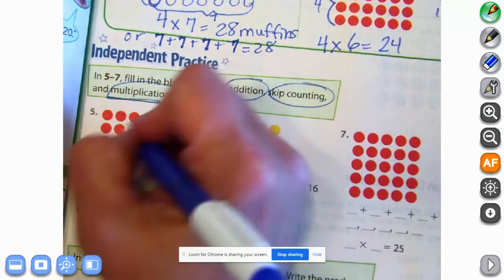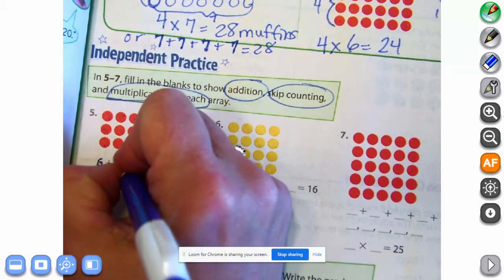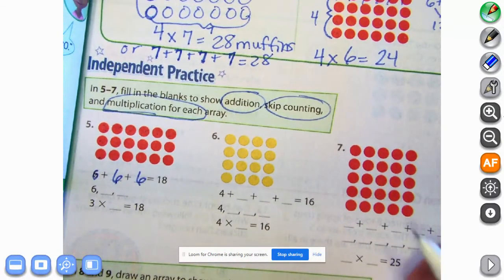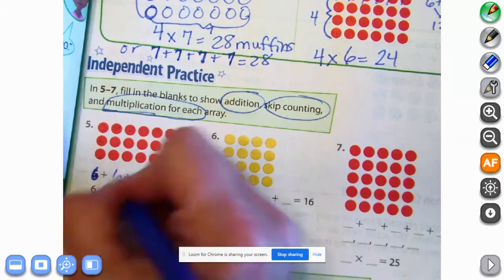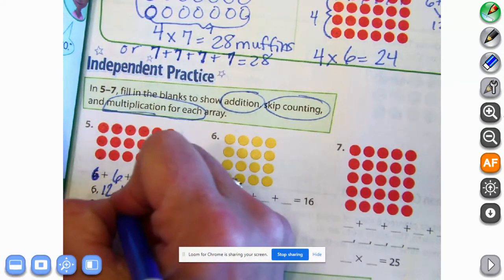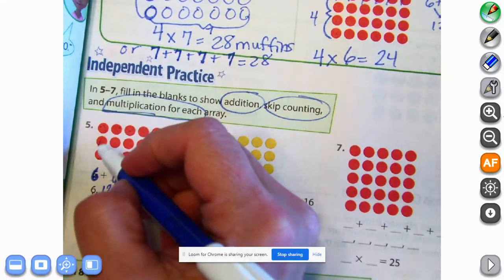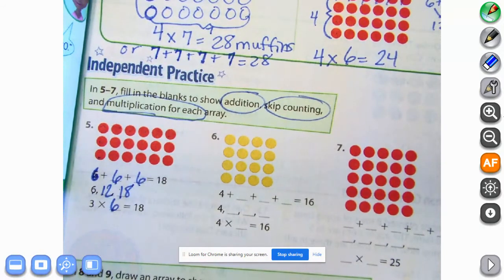So that would be 6 plus 6 plus 6, which equals 18. If I'm going to skip count by 6, I would say 6, and then 6 plus 6 is 12. 12 plus 6 is 18. 3 groups of 6 equal 18.